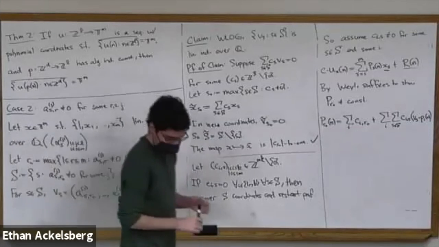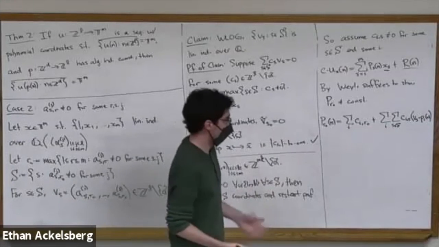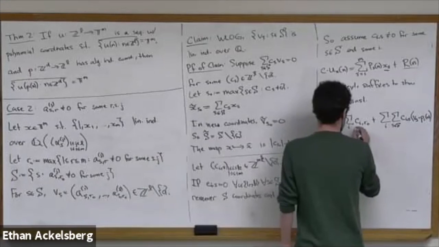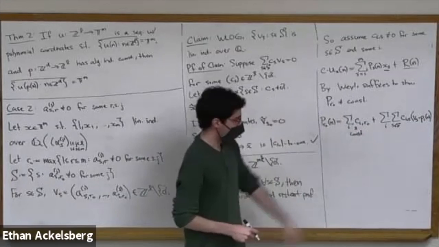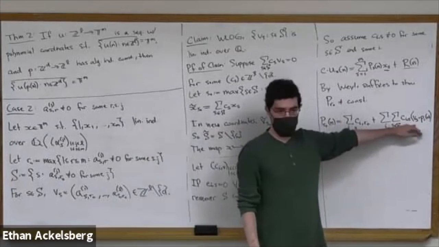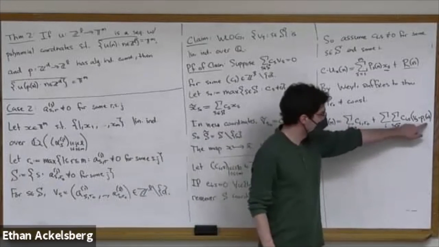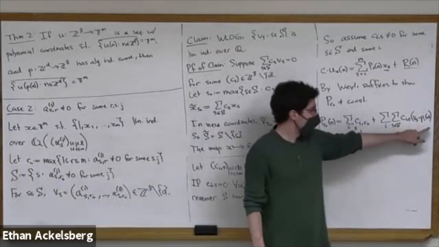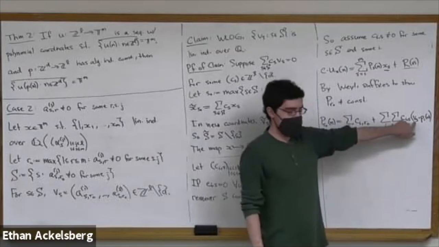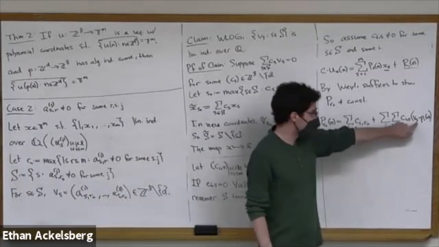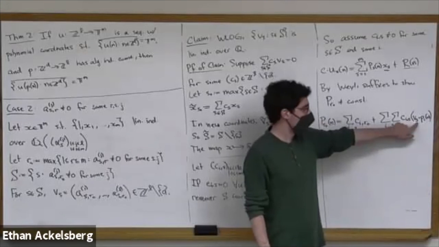Okay, so we just have these two terms. This is a constant. All we have to show is that this is not a constant. Why is it not a constant? The P_ij's are independent, and we have something non-zero happening here because the v_S's are linearly independent.